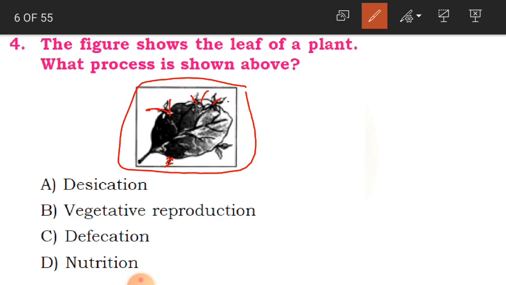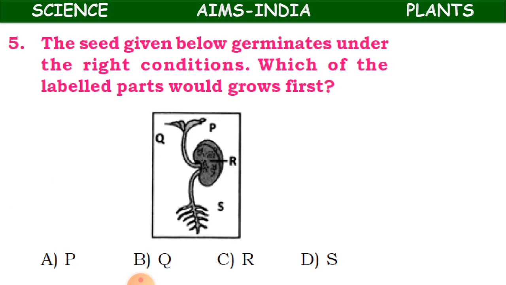In the options we have got desiccation, vegetative reproduction, defecation and nutrition. So according to this, we understand that B option is the correct one. That is, it is vegetative reproduction. Here the reproduction process is going on through the leaf. Clear children? Now the fifth question.